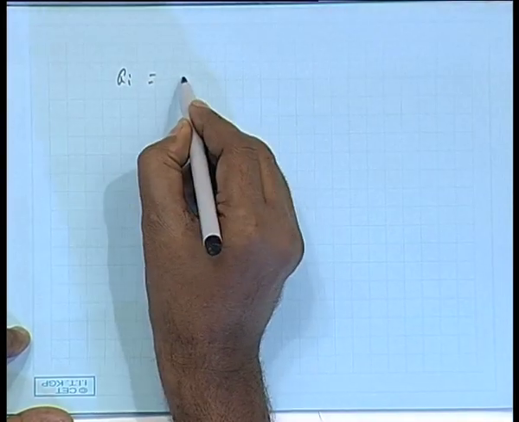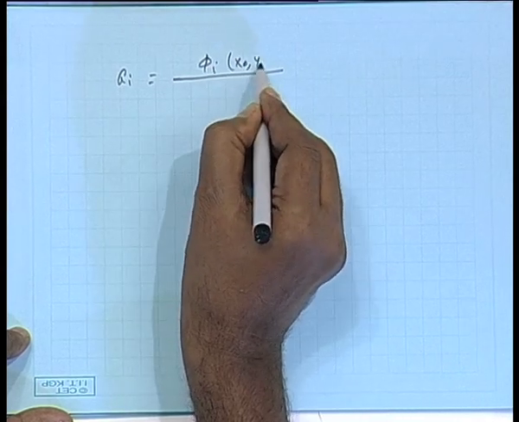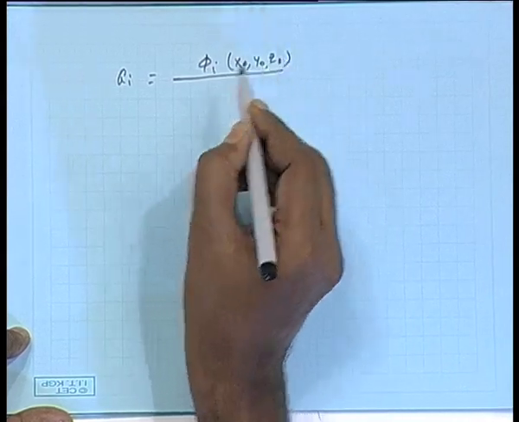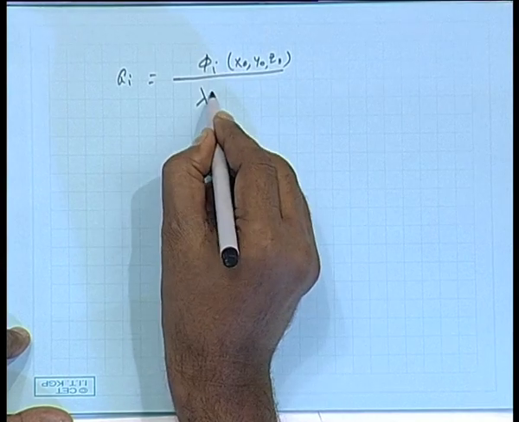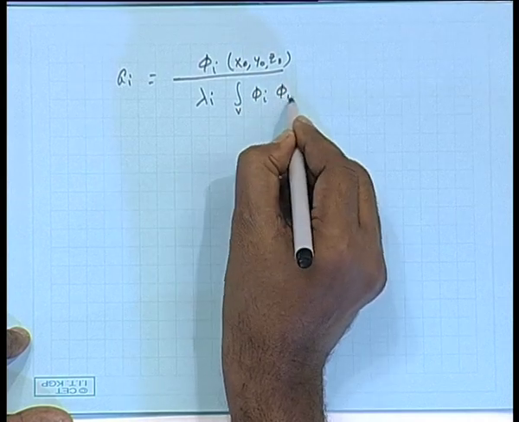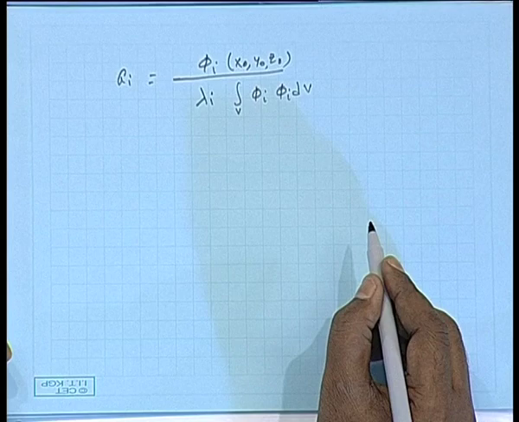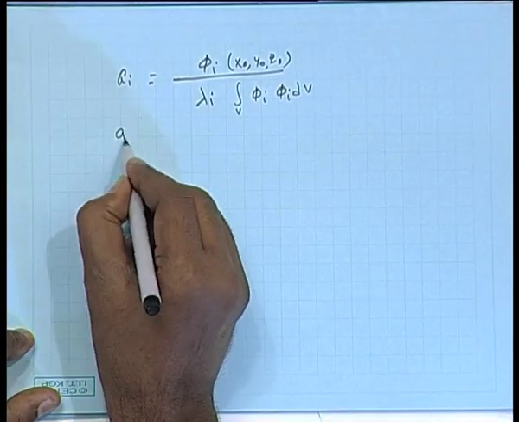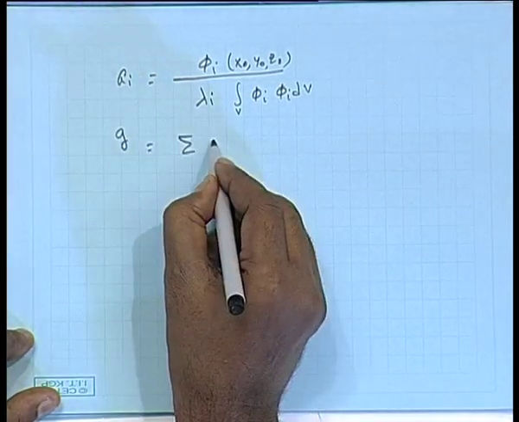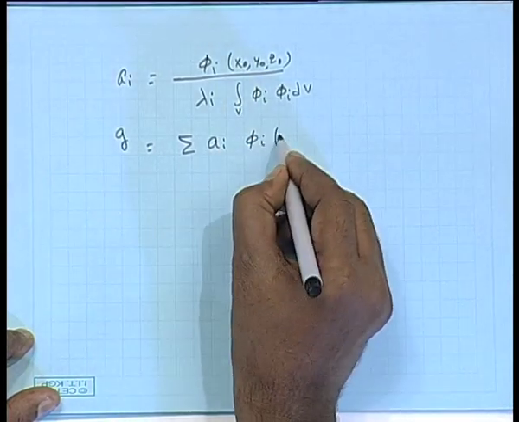A I is phi I x naught y naught z naught divided by lambda I, integral of phi I dv in the denominator. Okay. And what is Green's function? Green's function will be represented as summation of A I phi I x y z.